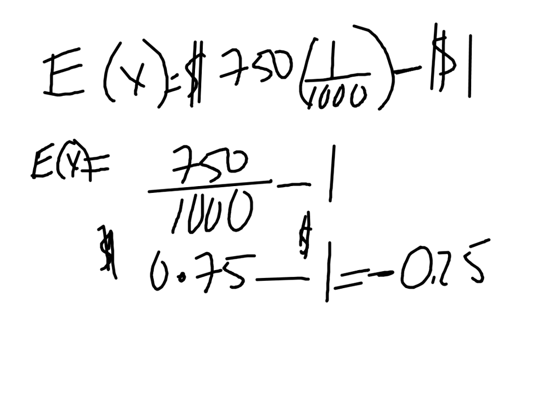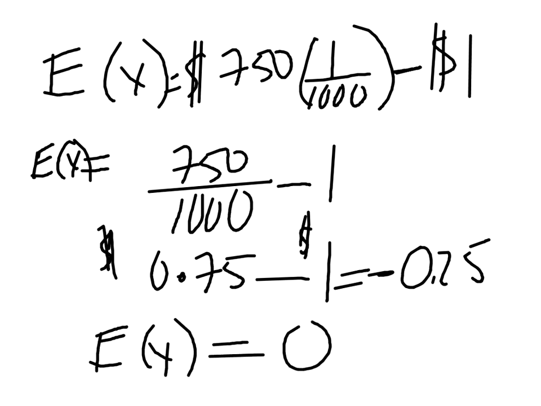Anyway, I want to make one more observation, and toward the bottom of page 271, they tell us that in gambling games, the expected value of the game should be 0. If it's a fair game, the expected value of X should be 0, and that will help you on one of your homework problems.